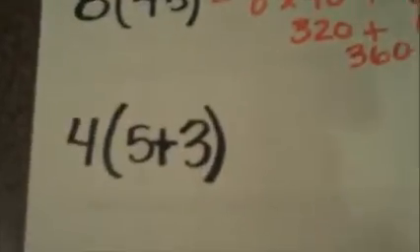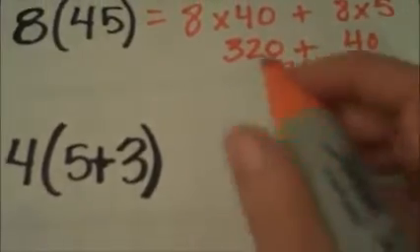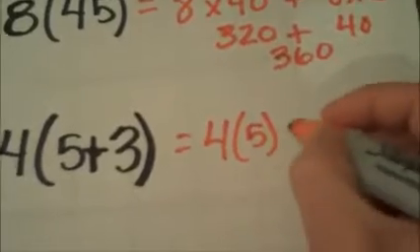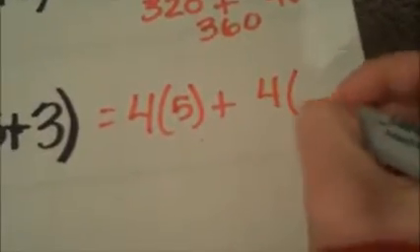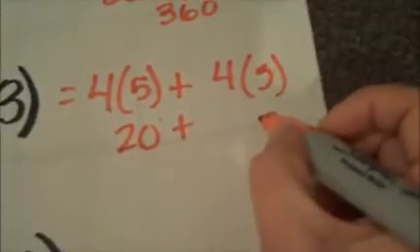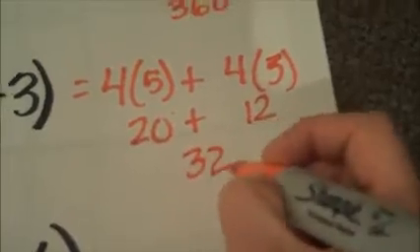I want to be able to see the same thing for 4 times the sum of 5 and 3. So 4 times 5 plus 4 times 3, which is 20 plus 12, which is 32.